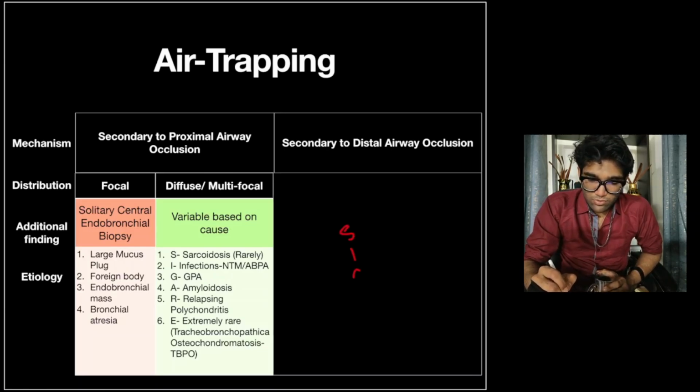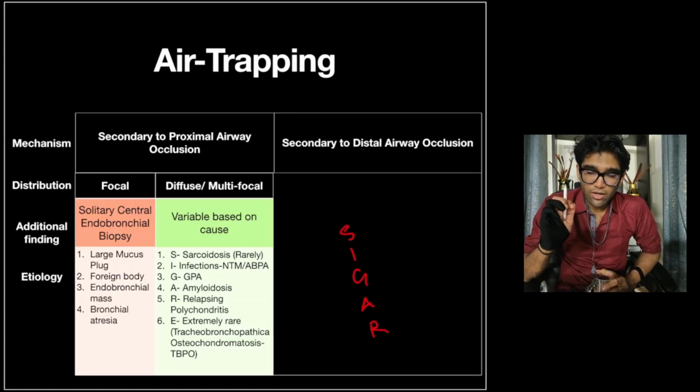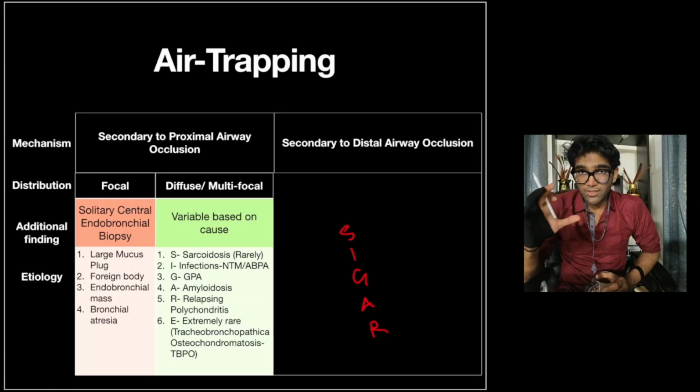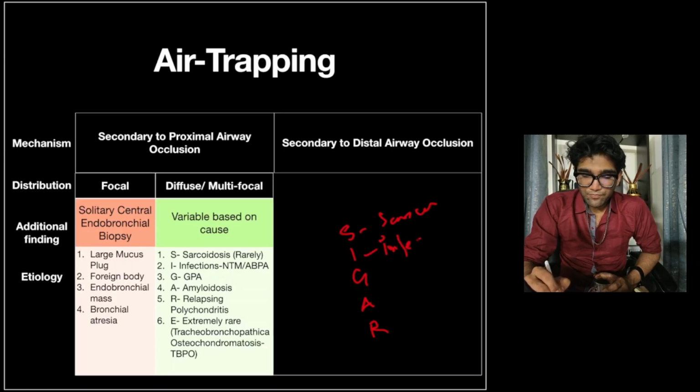CIGAR is actually a mnemonic I use for recalling the immunological entities or systemic autoimmune rheumatic diseases and related diseases that result in mass formation, that produce masses within the body, and that stands for sarcoidosis, usually IgG4, but in this particular case infection, G for GPA or granulomatosis with polyangiitis, A for amyloidosis, and R for relapsing polychondritis.